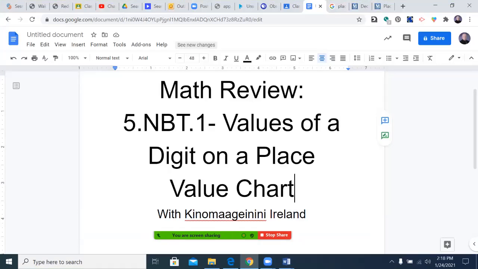Today's lesson is a review of standard 5.NBT.1. The value of a digit represents 10 times as much as it represents in the place to the right, and 1/10 of what it represents in the place to its left.